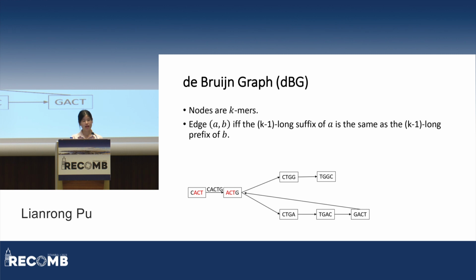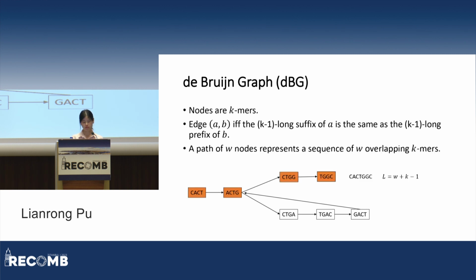I think most of the people here are familiar with the de Bruijn graph. In a de Bruijn graph, each node is a k-mer, and there exists an edge from A to B if the suffix of A is the same as the prefix of B, like the subsequence I showed in red color in the figure. In this way, we can also represent an edge by a k+1-mer by merging the overlapping subsequence between the two nodes.